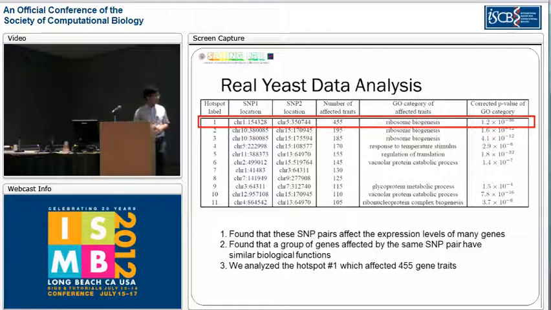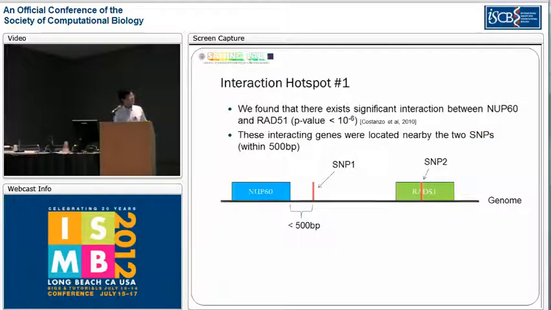And also we analyzed hotspot number 1, which affected 455 gene traits. For this interaction hotspot, we found that there exists significant interaction between the NUP60 gene and the RAD51 gene with significant p-value. And we also found that these interacting genes were located nearby the two SNPs.